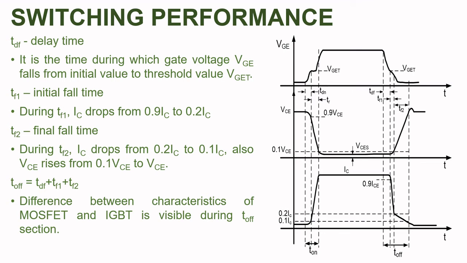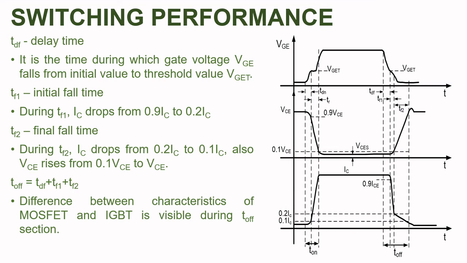During the fall time 2 or the final fall time, the collector current falls from 20% of its initial on-state current to 10% of its on-state current. Also, the collector to emitter voltage rises during this time from 10% of its final off-state voltage to the off-state voltage.